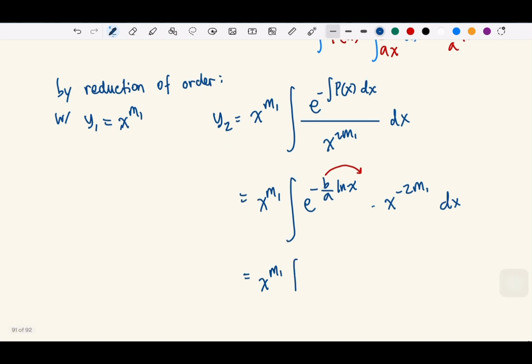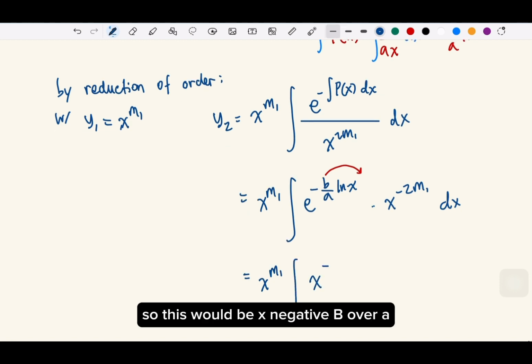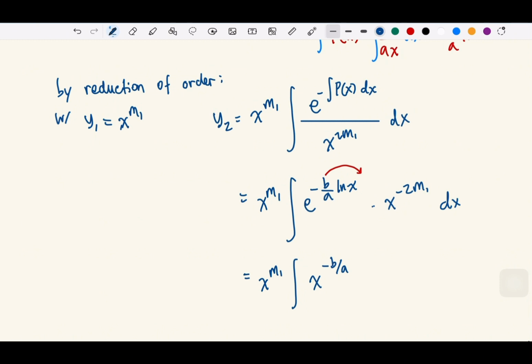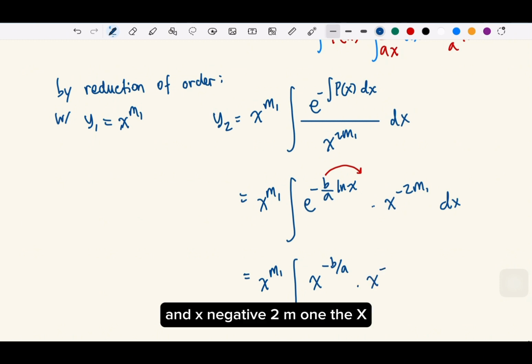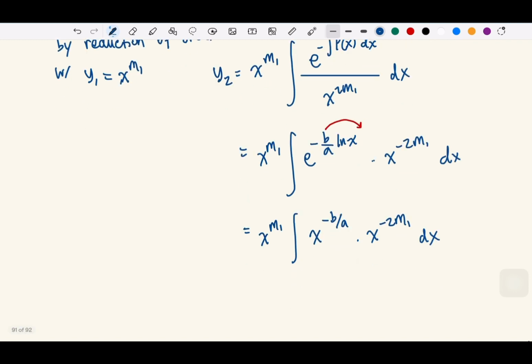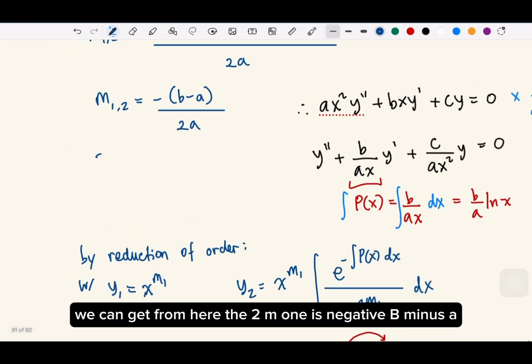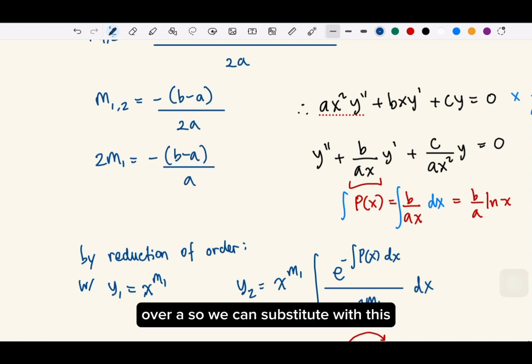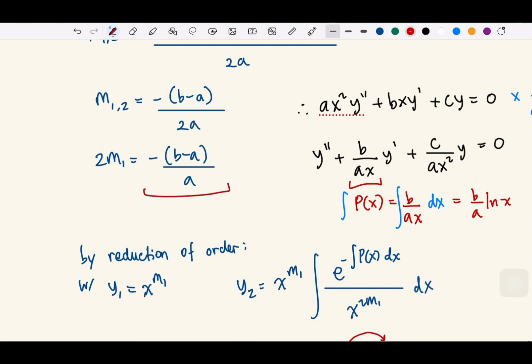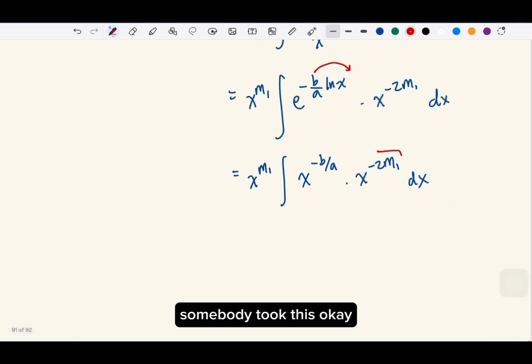So this will be x to the negative b over a and x to the negative 2m1 dx. Now this 2m1, we can get from here that 2m1 is negative (b minus a) over a. So we can substitute with this.